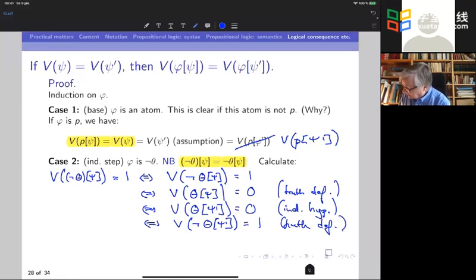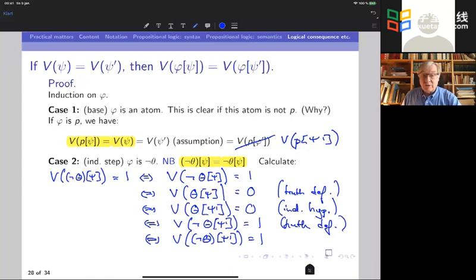And finally, we use the fact about replacement that we already noticed. So this is the same as not theta square brackets psi prime. And this is what we wanted.